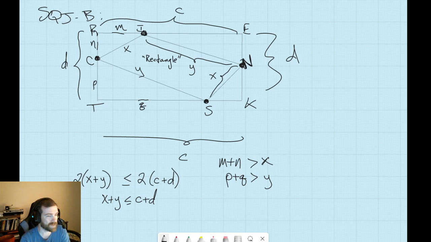And also, if it's a rectangle, then this is also definitely going to be m, and then this is going to be n, and this is p, and this is q. Right, if it's a rectangle. We could probably also prove this even without it, but it doesn't matter.